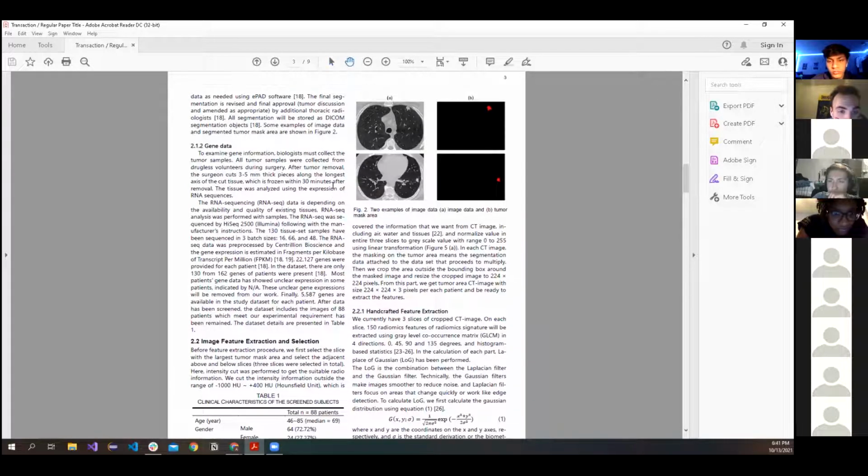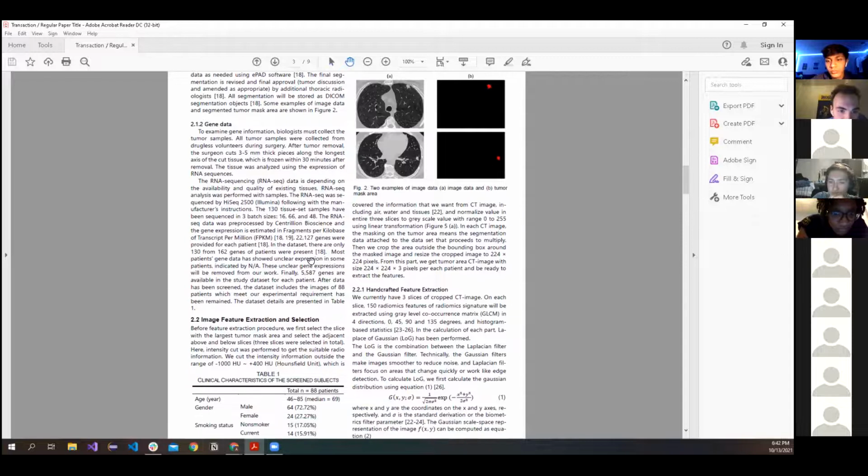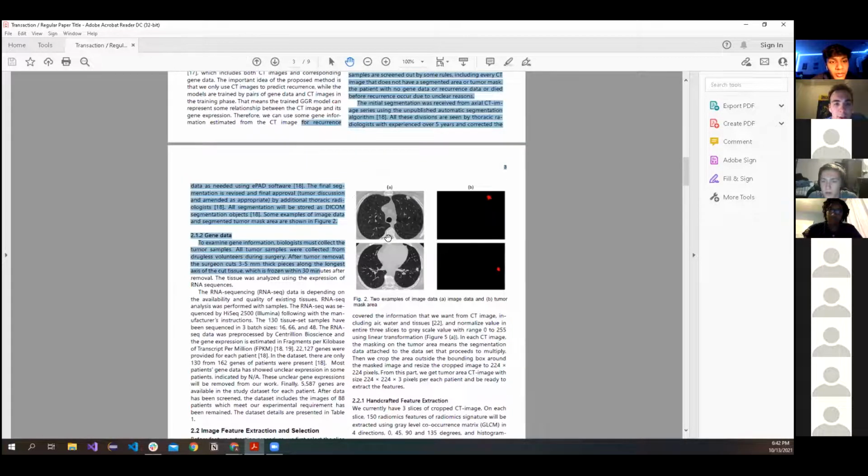They looked at 5,500 genes from 88 patients. So ours is bigger than theirs. Where is this published? We will have access to 130. That's our best case.